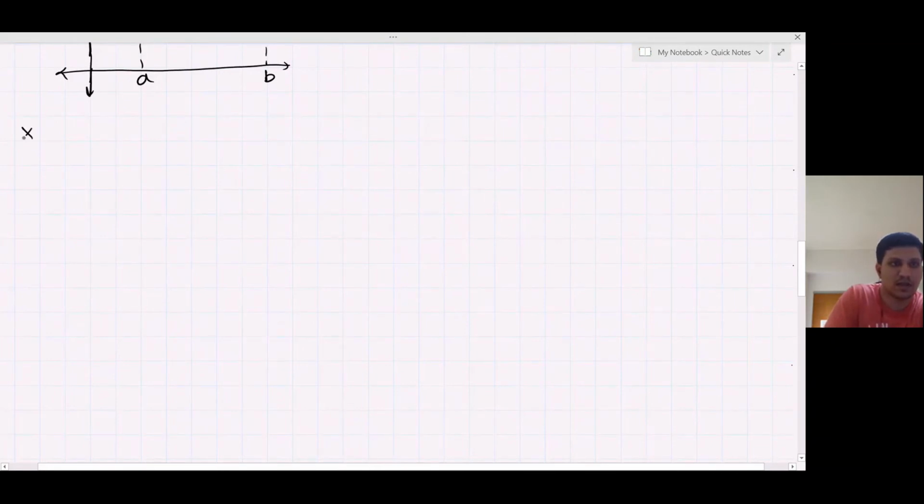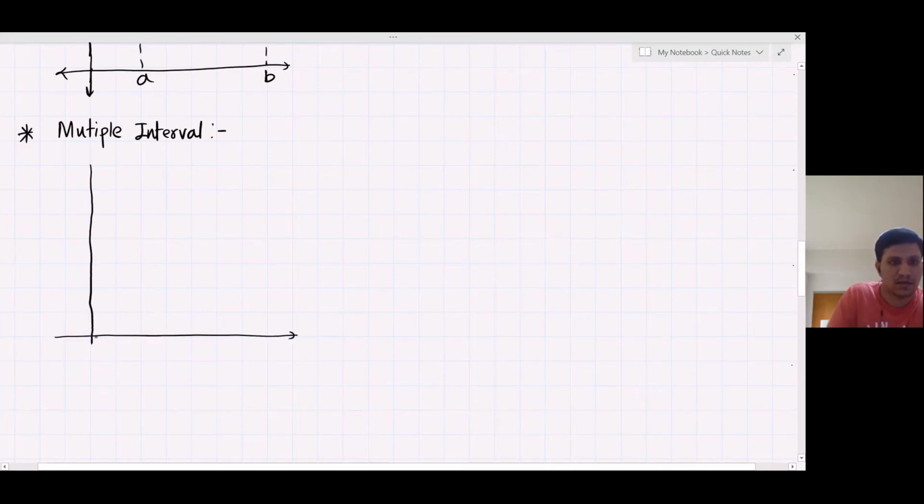So let's see how we can write the trapezoidal rule for multiple intervals.